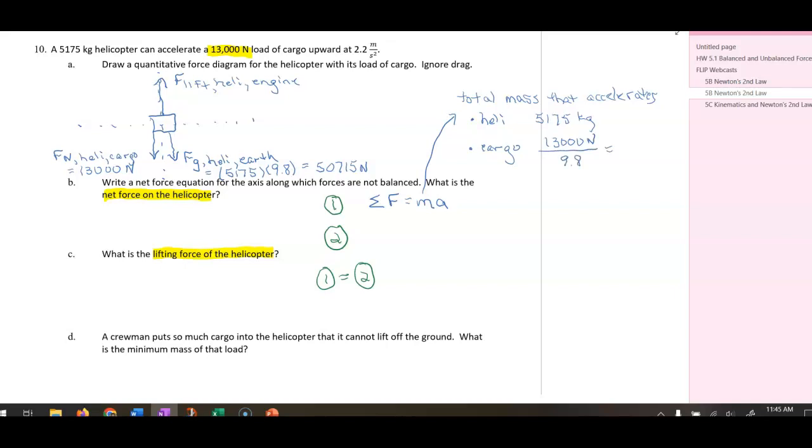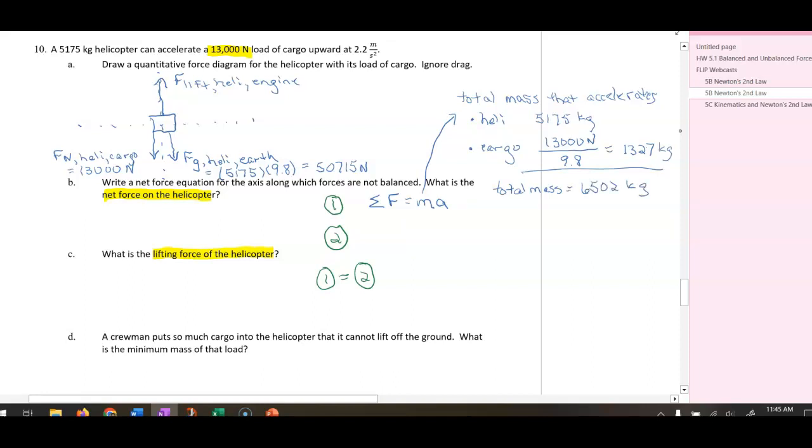So the mass of that cargo is 1326. Actually, I'm just going to round it to 1327 kilograms. So then the total mass, I add those two things up, 5175 plus the 1327, and I get 6502 kilograms.